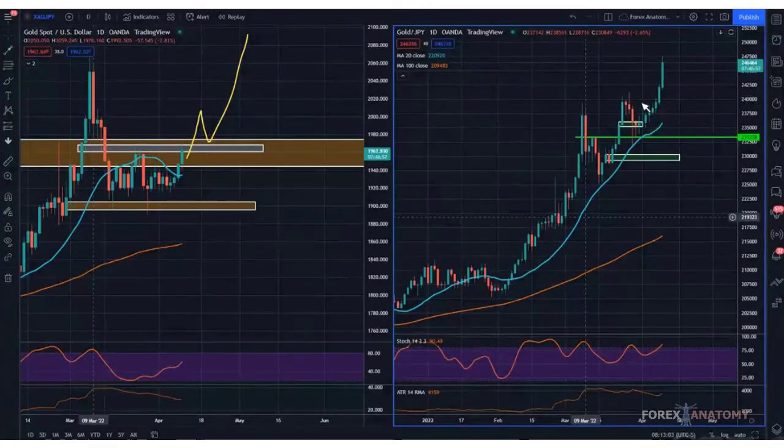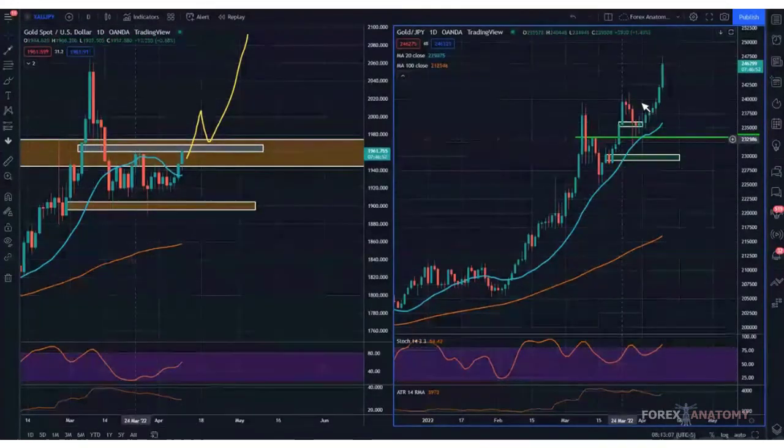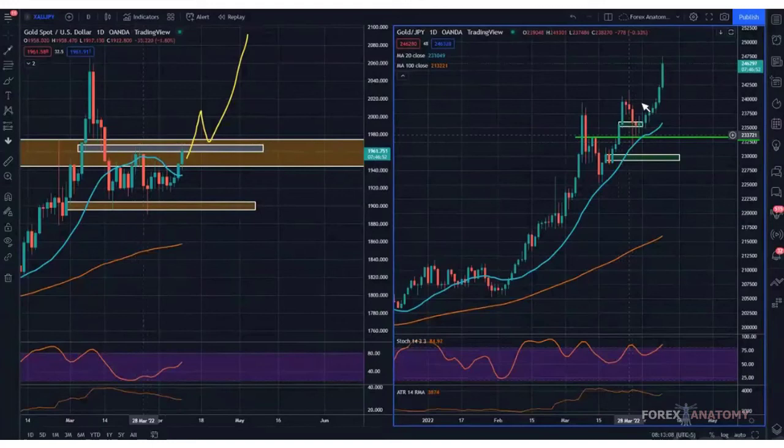Actually, those who got in a couple of days ago, like last week, right around this sweet spot, could have made some good money because that was a perfect technical setup.